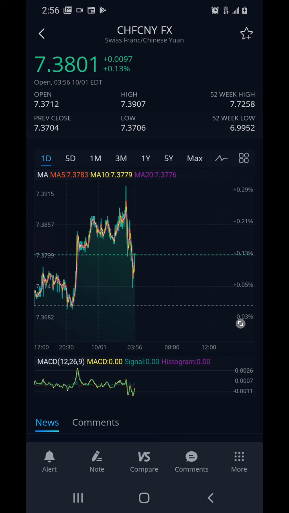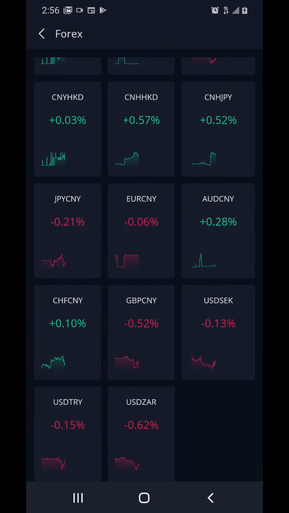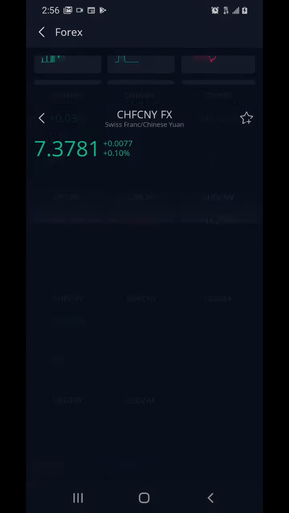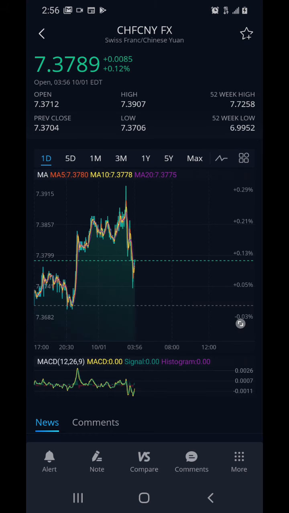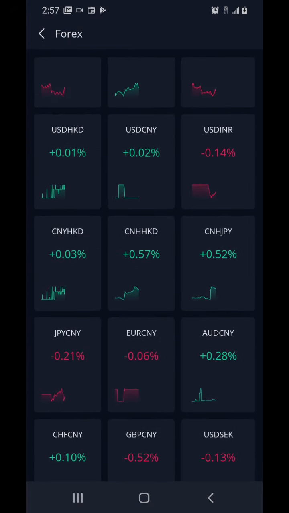Why am I looking at these things? We're looking at the competition between the US dollar and the Chinese yuan. But not only that, they're competing as they trade.